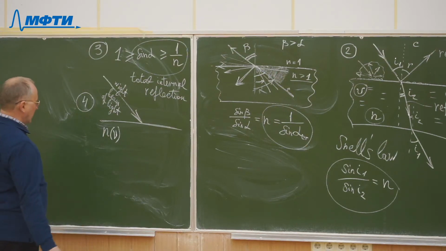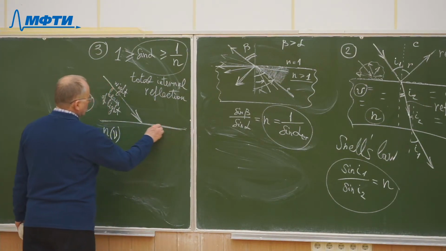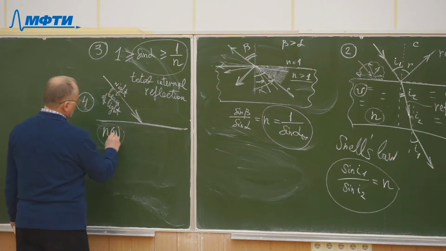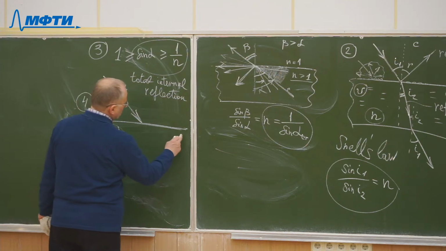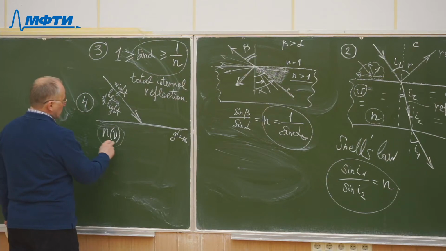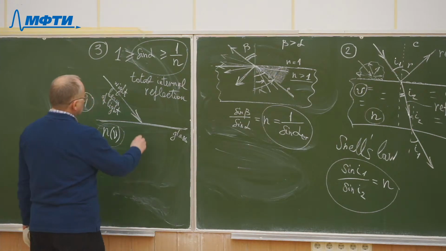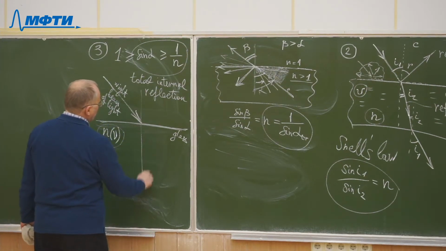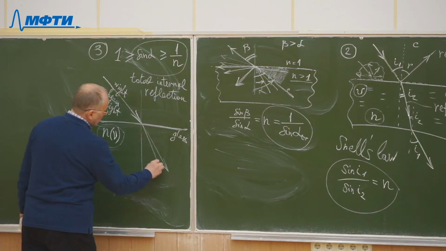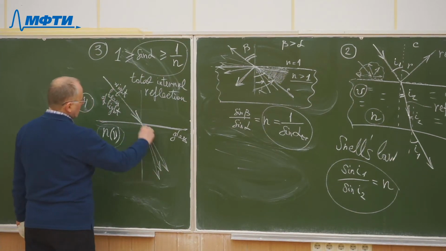The sun radiates white light, and if the white light comes to the surface of some medium which has a refractive index, an ordinary medium like glass, for example, its refractive index will be a function of frequency. And so different frequencies will be refracted at different angles. Some frequencies will go here, other frequencies of light will go in this direction, and other frequencies will go in this direction, etc.